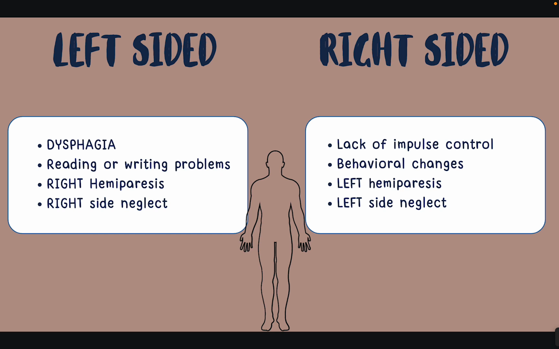And this is something that we're going to be talking about at the end, is how to educate your patients' family members to understand what's happening, because they're going to see their family members in this way that they've never seen them before. And that's just going to cause anxiety, and it's a lot. So just remember that for right-sided strokes, they will have a behavioral change that's not their norm.